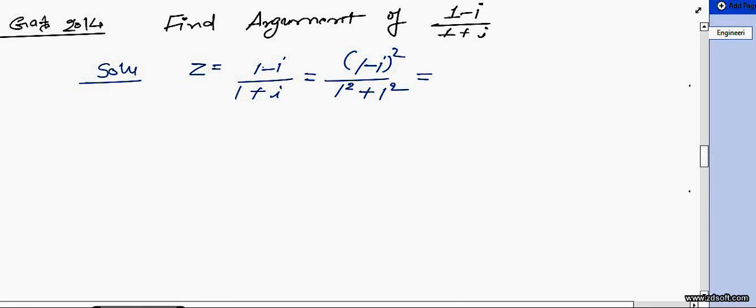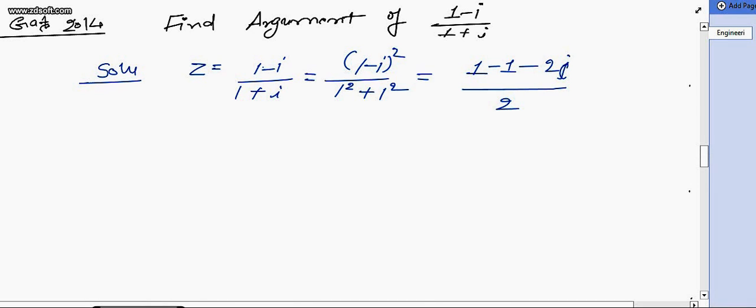From the previous formula we have already seen, this gives 1 minus 1 minus 2i upon 2, and this gives minus i, which is equal to 0 minus i.